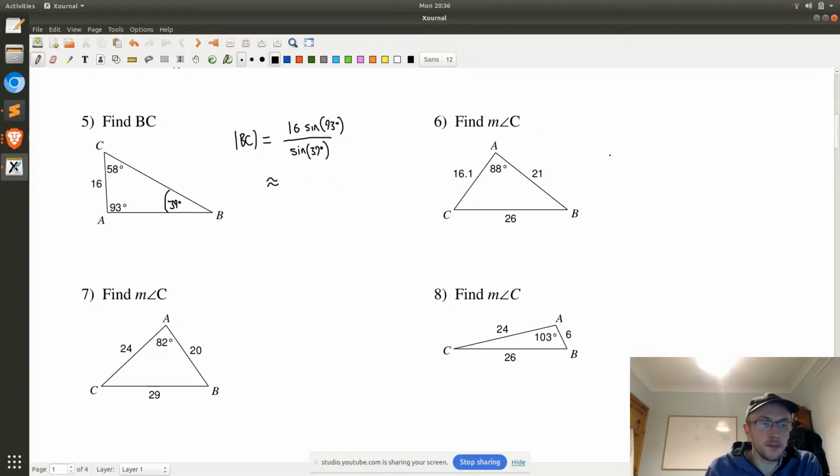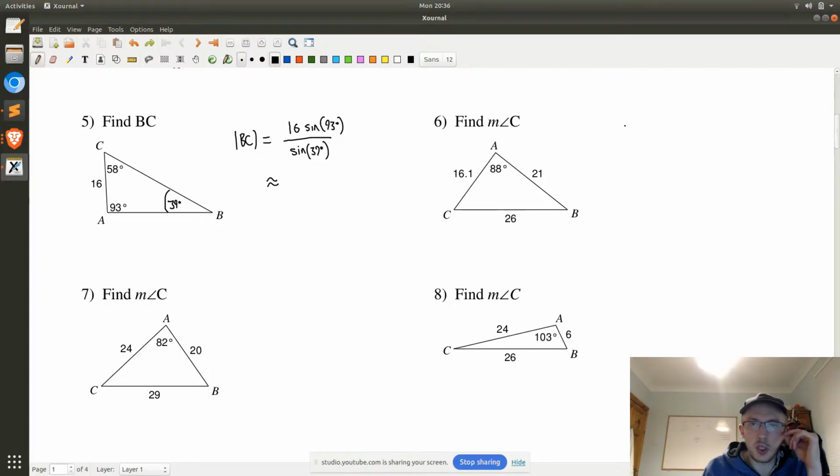Now for this one, we'll work them all out in the end. Find MC. I don't know what that means. I think that means the size of angle C. But I don't know what this weird way of writing it is. Never seen that before. Anyhow, let's just proceed forward with it.